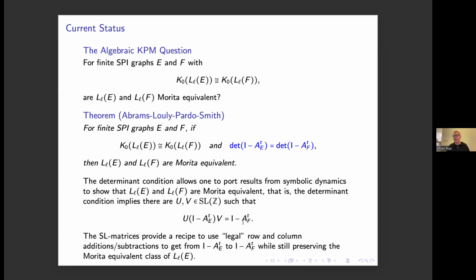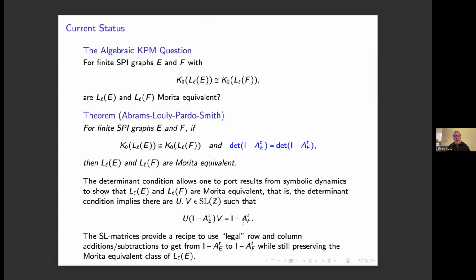But the point then is that this allows us to do legal row and column operations, additions and subtractions. And what I mean by legal is that when I perform, for example, row subtraction or column subtraction, I still stay within the class of SPI graphs, so simple purely infinite Leavitt path algebras, and these additions and row operations will still preserve the Morita equivalence.